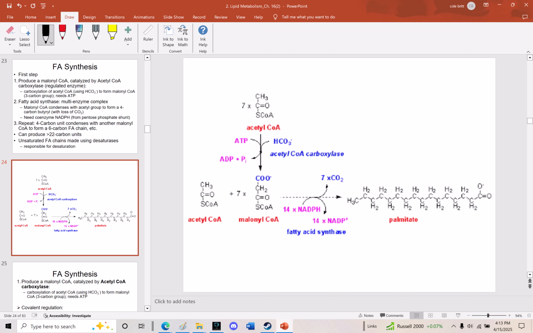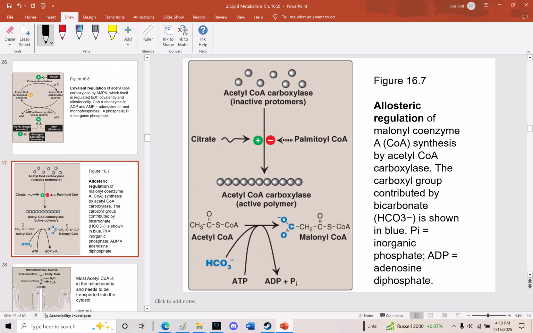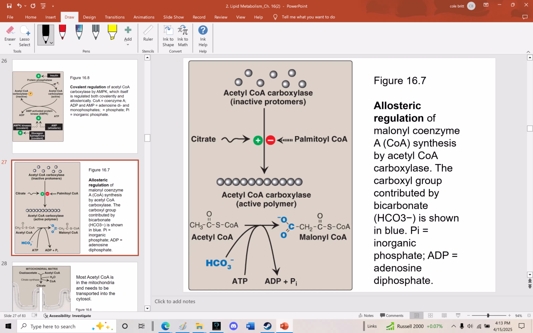And here's the allosteric regulation that I just talked about. Remember, citrate is going to be what turns on acetyl-CoA carboxylase, whereas palmitoyl-CoA, again, palmitate, is going to sit on the enzyme and turn off acetyl-CoA carboxylase. But do remember the enzyme that's regulated.